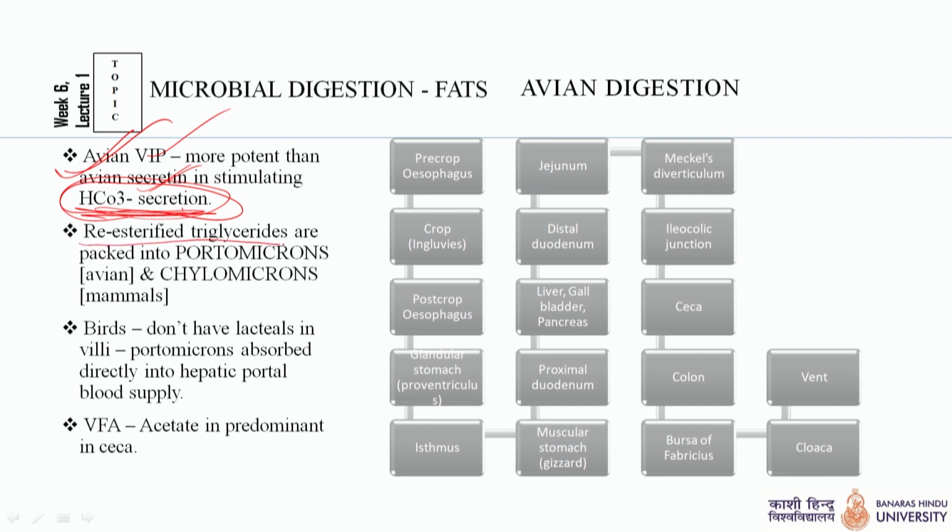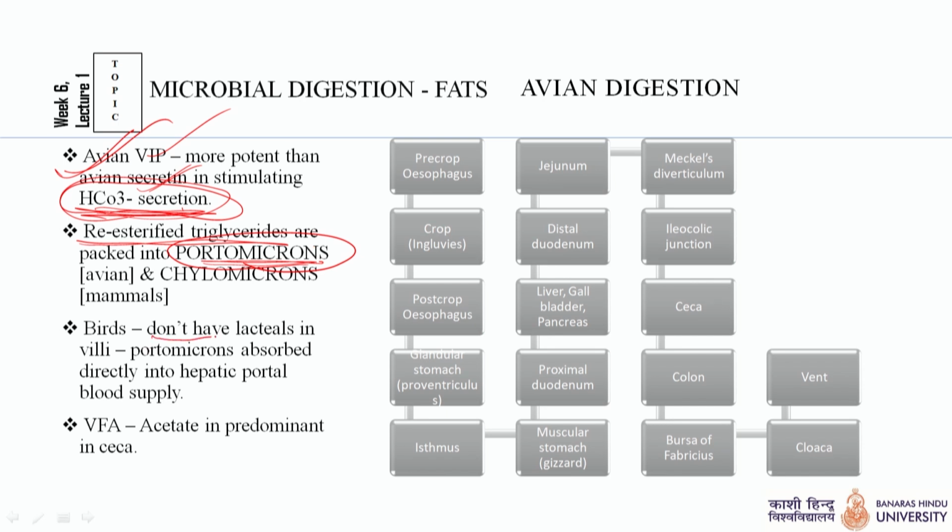Then re-esterified triglycerides are packed into portomicrons in avians, whereas in mammals they are chylomicrons. You might have heard of chylomicrons, but in avians they are called portomicrons. That is another important difference.